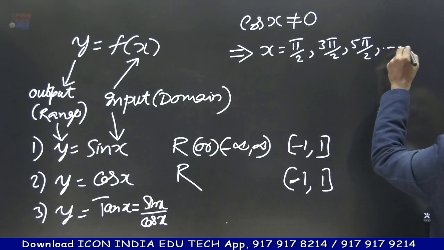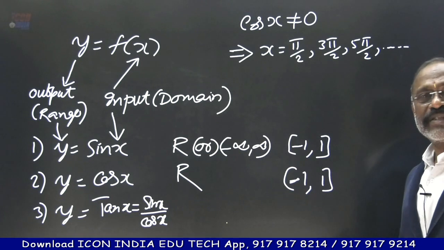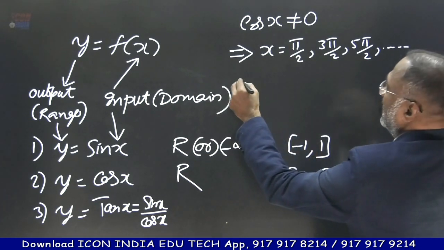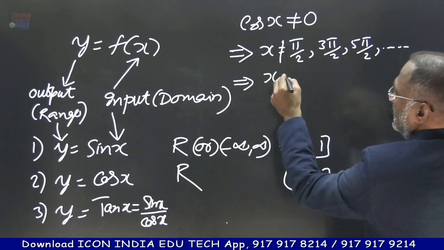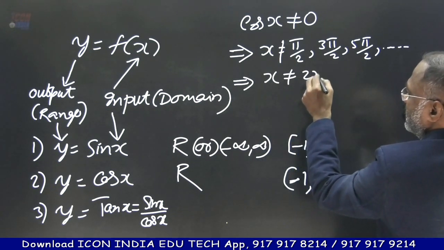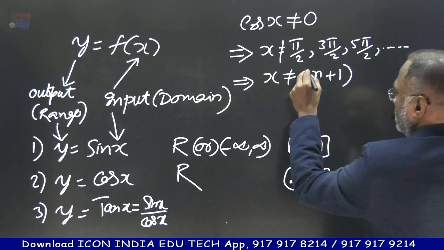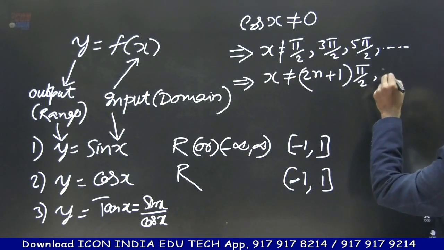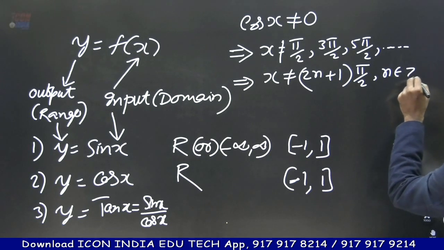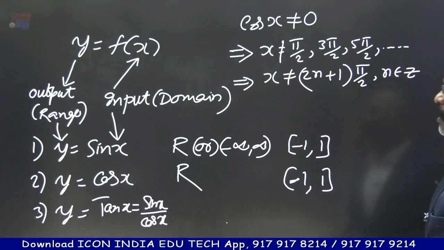For all odd multiples of pi by 2, cos becomes 0. Understand that. That means these are not the values accepted by the tan function. So x is not equal to (2n+1) times pi by 2, where n belongs to Z, any integer.